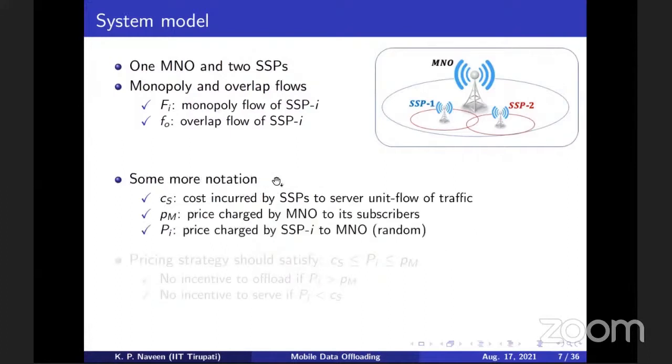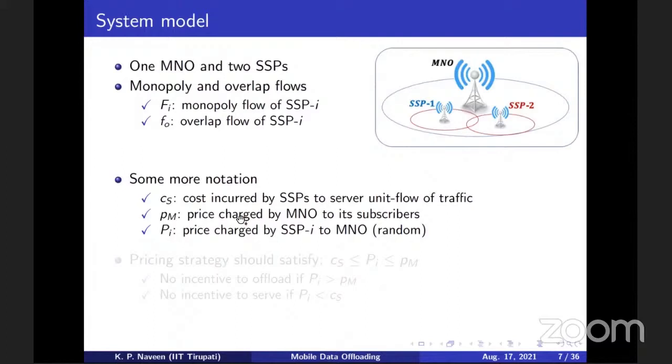Before I complete the model, let me introduce some more notation. I'll denote CS as the cost incurred by the SSP to serve one unit flow of traffic. This is the cost model at the SSP. The MNO has to charge something to its subscriber, and we are assuming it charges a flat price of PM per unit flow of traffic.